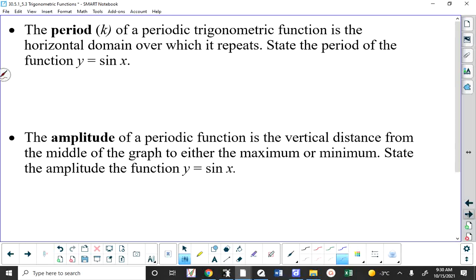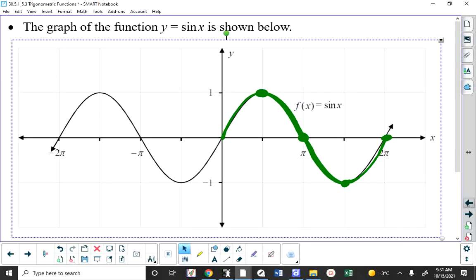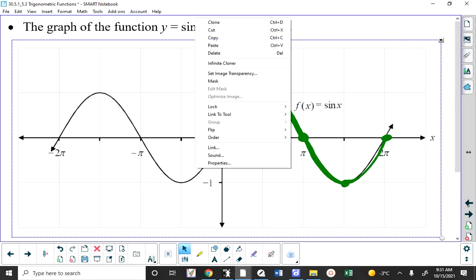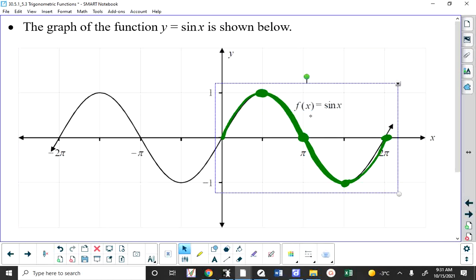Think about this. As that point moves around on the unit circle, it has to go around a full revolution before it repeats. So the period must be 2 pi. And you can see that. If I look at this graph, this thing in green that I've drawn is one complete cycle.